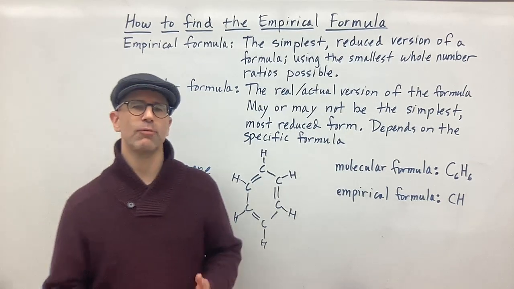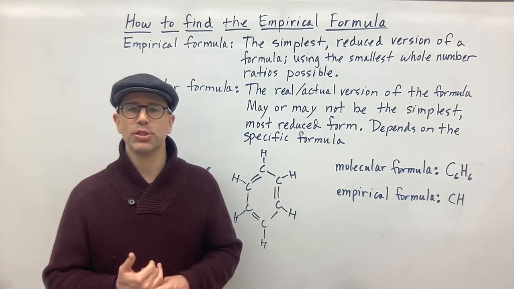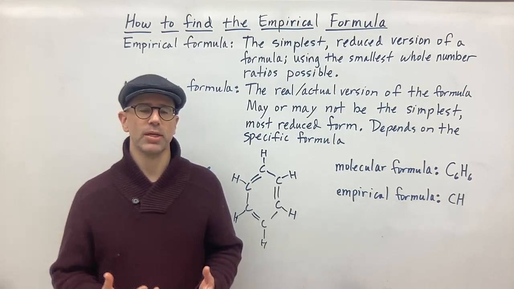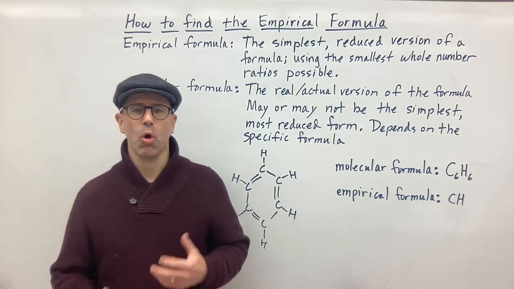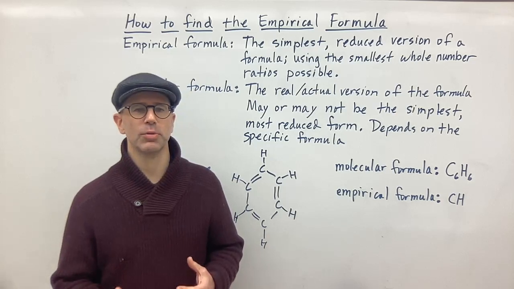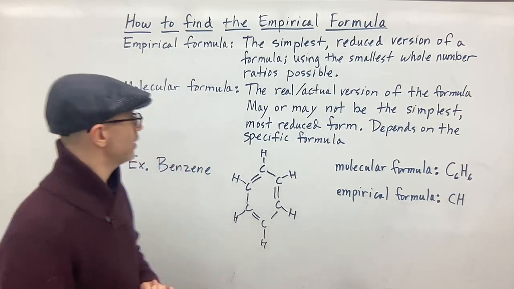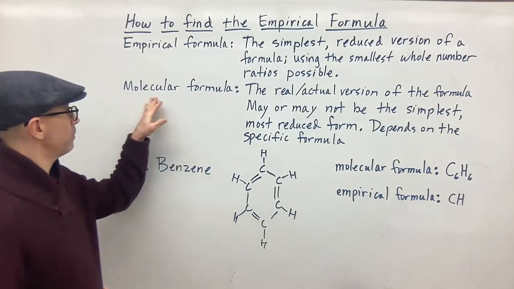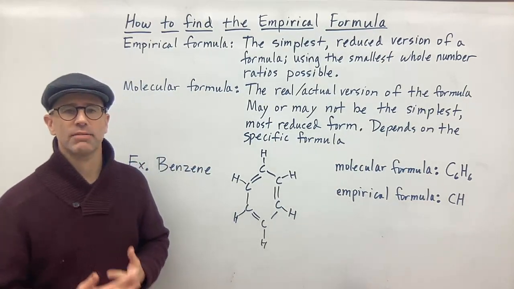An empirical formula is the simplest, most reduced version of a formula. It's the formula that has the smallest whole number ratios possible. The molecular formula is the actual formula of the substance.